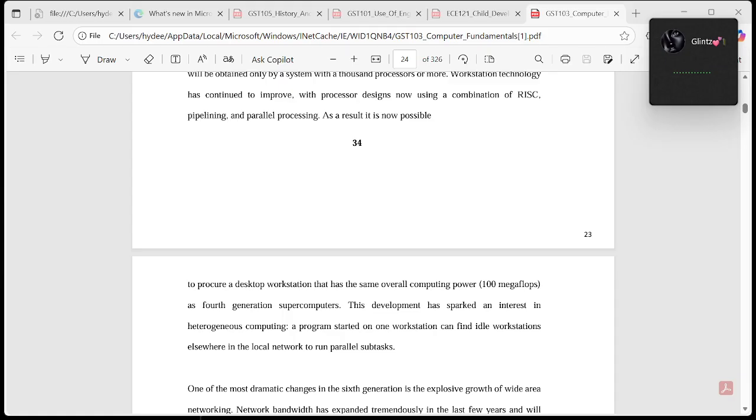EDVAC is Electronic Discrete Variable Automatic Computer. Prior to EDVAC, computers like the ENIAC were programmed by physically altering switches and cables, like those vacuum tubes and all that. So you have to be using switches, using cables.